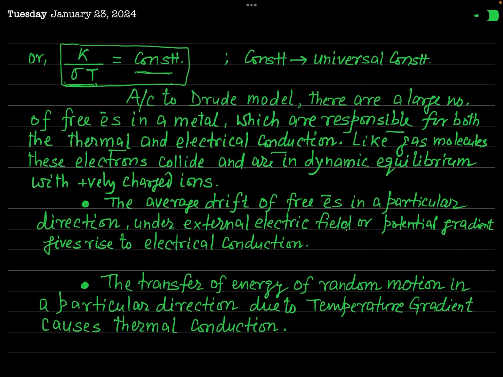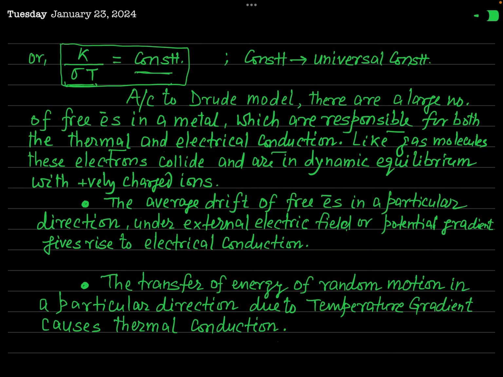In fact, the Drude model states that these free electrons are responsible for both thermal and electrical conduction. It means a metal conducts electricity. Why? Because it has free electrons. A metal conducts heat energy. Why? The answer is it has free electrons. So free electrons are the carriers which are responsible for both electrical conduction and thermal conduction of a metal.